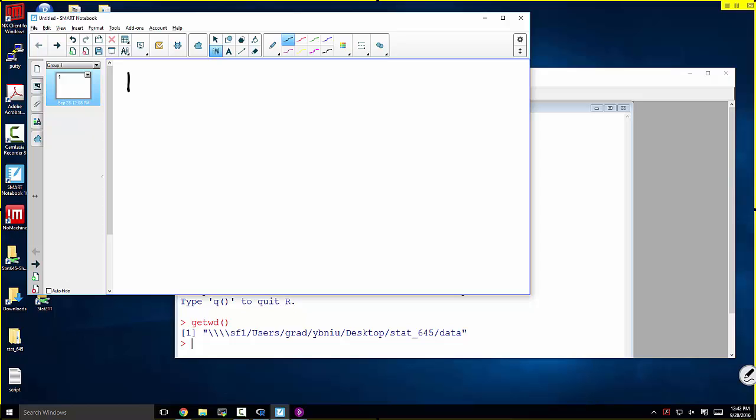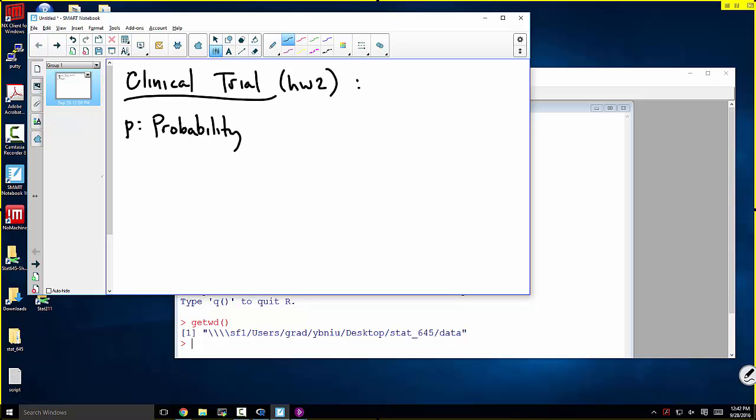for the first, let me put a title up here. For the clinical trial problem, we started by saying there's a probability P of an adverse event for any one study participant.